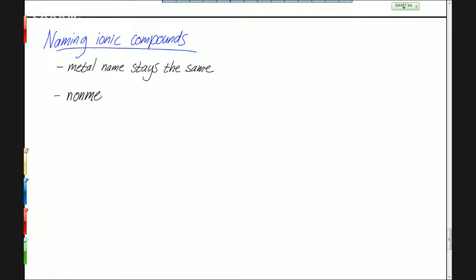The nonmetal does change its name. It drops the end and becomes an ide. So chlorine becomes chloride. Oxygen becomes oxide. Sometimes it drops a few letters, sometimes just a couple.